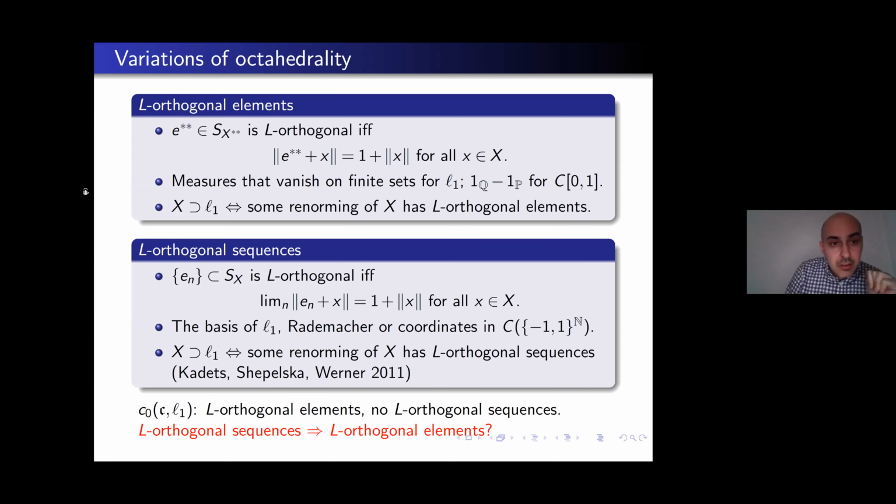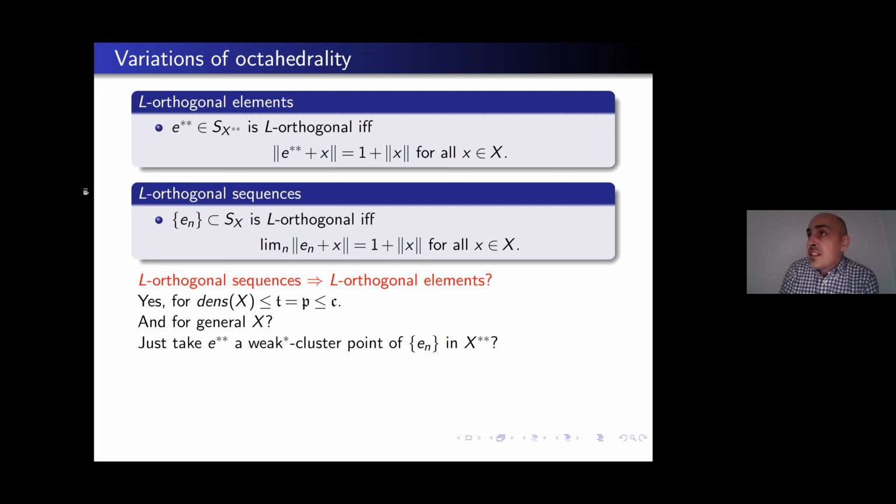And perhaps the only thing you have to do is to take a weak star cluster point. In the examples I presented before, that's the relation between the L-orthogonal sequences and L-orthogonal elements: the L-orthogonal elements were cluster points of the L-orthogonal sequences.